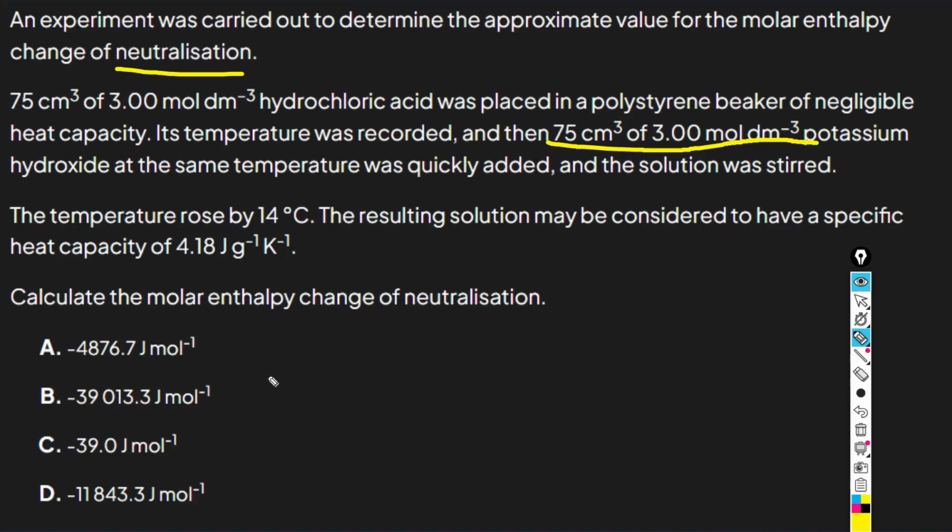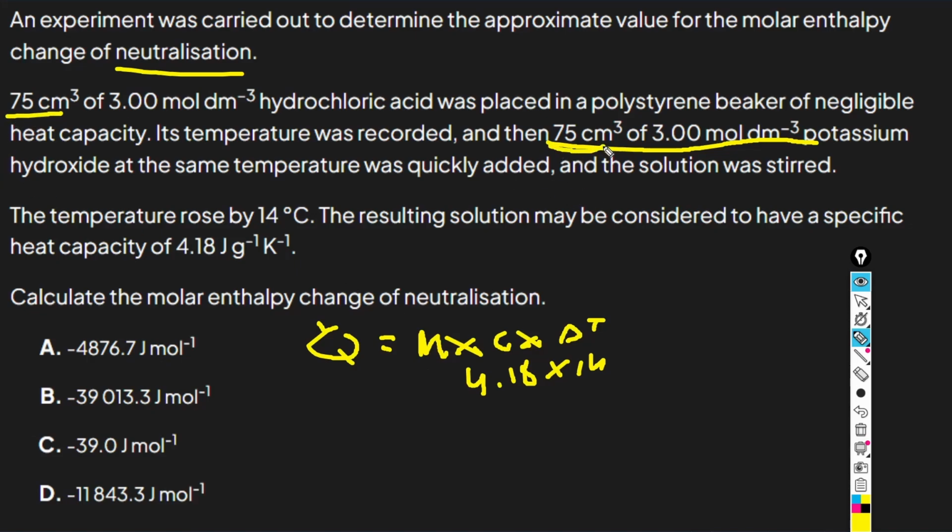So, as you know, we need to consider the formula to find the enthalpy change. First, we need to find the change in energy, Q equals M times C times delta T. What is C? C is 4.18 as given, and the change in temperature is 14 degrees. We don't have to worry about making it kelvins. Now the mass. The mass of the substance can be taken as the total volume of the two things that are being mixed.